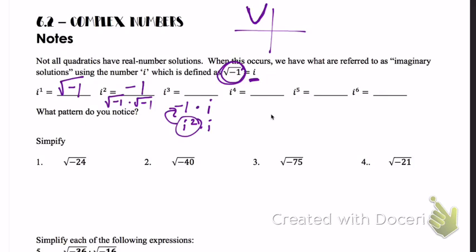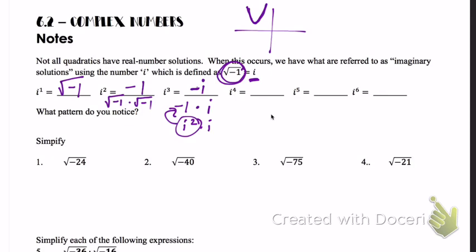So what's -1 times i? Just -i. And these right here, like I'm going to show, there are 4 of them that you just need to have memorized. So if this is not making sense to you, then I'm just going to say memorize these 4 properties of i. Like i to the first is the square root of -1. i squared is -1. i cubed is -i.